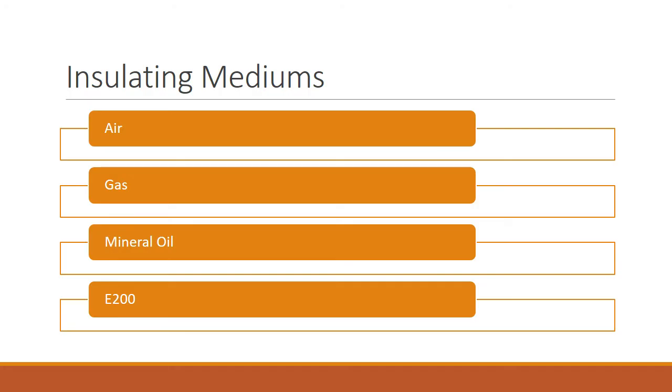For switchgears, there are various insulating mediums that we can use. Now, the most common ones are air, gas, mineral oil, and the E200 fluid. The most frequently used and least costly insulator is, of course, air. Air has the lowest dielectric strength, thereby necessitating physically bigger and more durable equipment to survive the impacts of, let's say, an electrical arc.